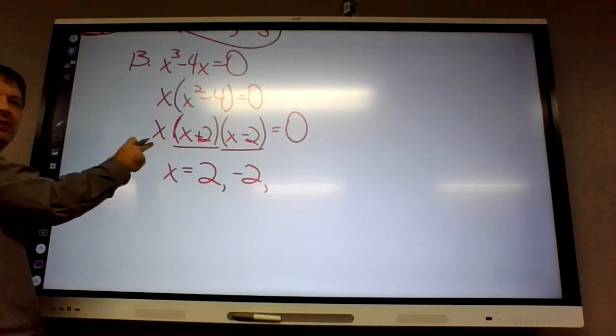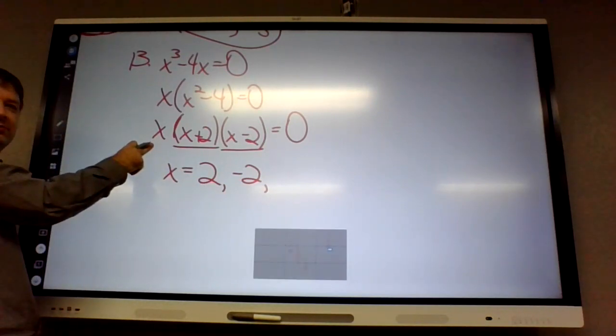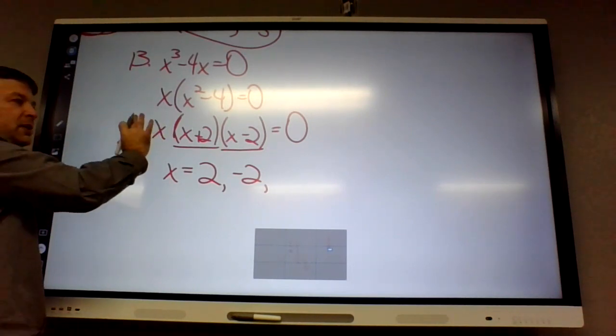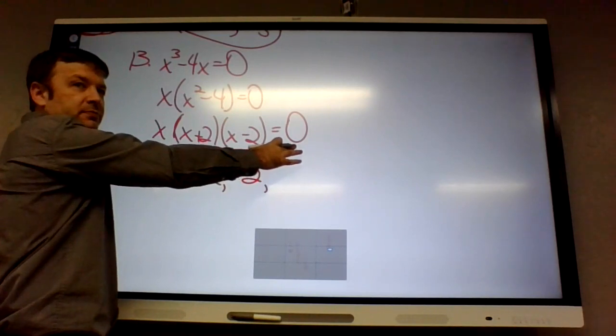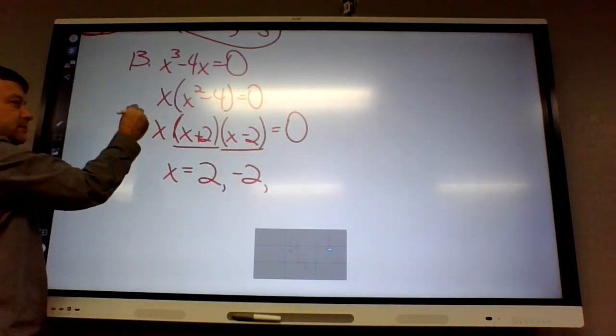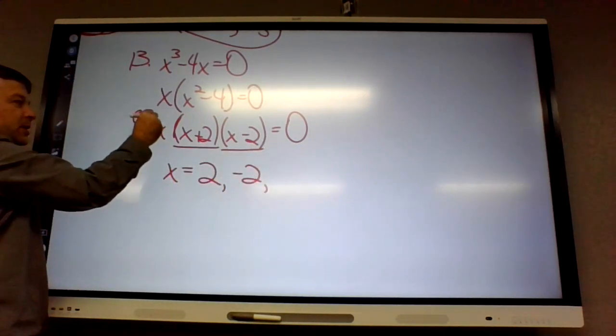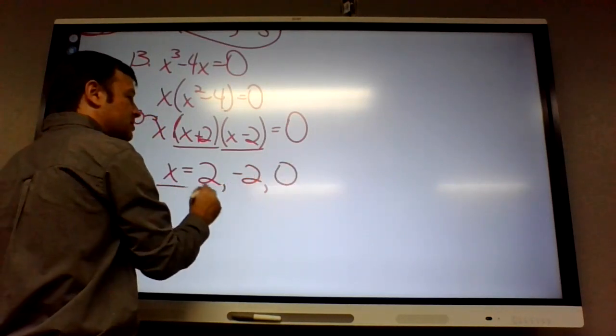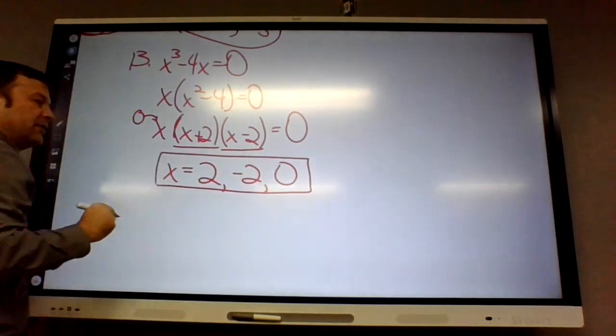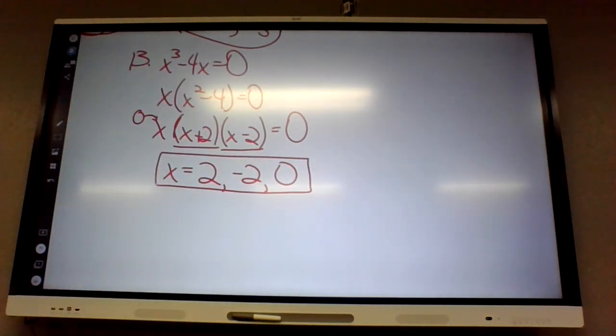And if there's an x on the outside, what value could we put right here to make all this equal 0? I hear a few people whispering it. 0. If there's an x on the outside, 0 is one of the answers.